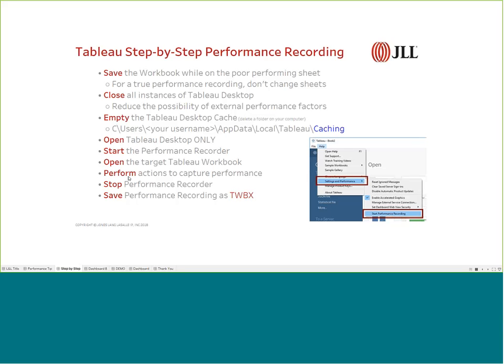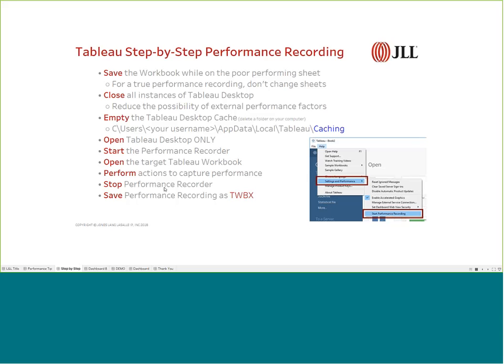The moment that your action goes into play and starts filtering other worksheets, you're suffering performance. Well, this step entitled Perform the actions to capture performance, you want to do whatever that is if that's your area of focus. For most of you, it'll probably just be the overall performance of a single dashboard, so you don't need to click or do anything. All you do is open the workbook, record the performance, then the next step, stop the performance recorder.